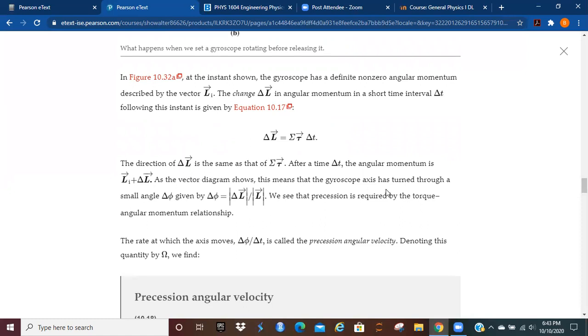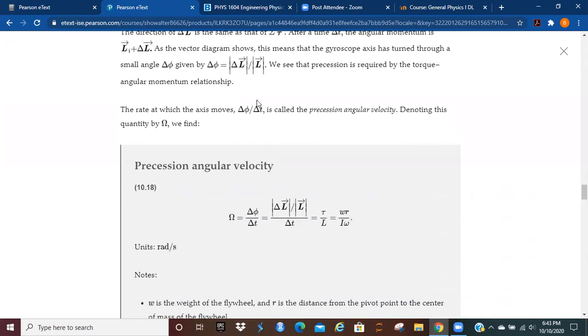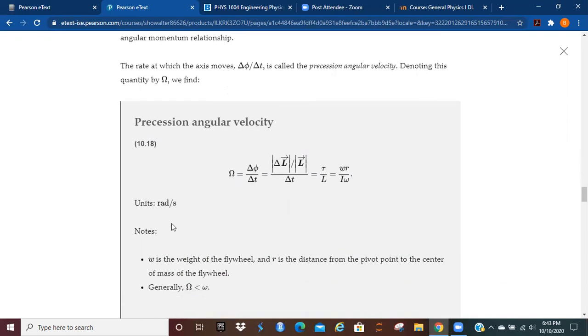And as the vector diagram shows, this means that the gyroscope axis has turned through a small angle, given by this. We see that the precession is required by the torque-angular momentum relationship. The rate at which this happens, if you take this divided by delta t, you end up getting big omega, and that's going to be measured in radians per second. This is the precession, and this is how fast it rotates.